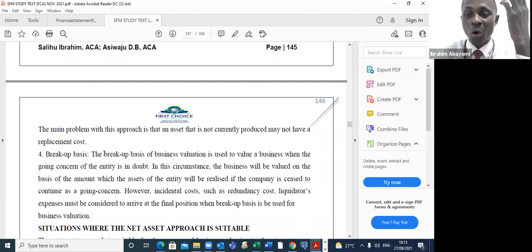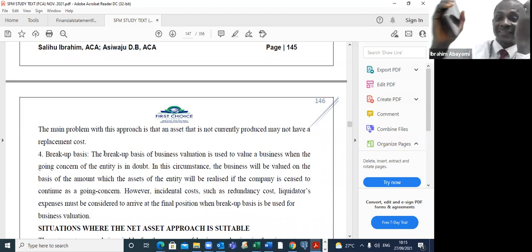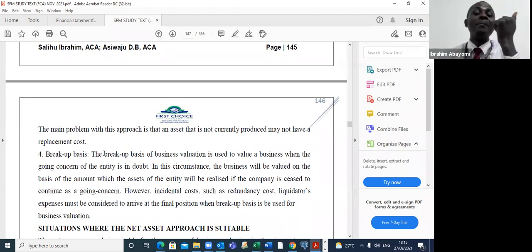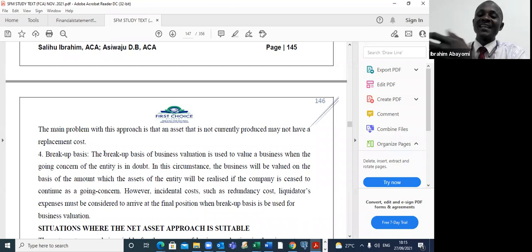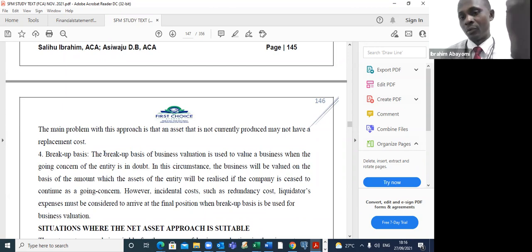I'm selling the phone because I am in dire need of money. If I bring the phone to you, the amount you will price it will be different from the amount you will price it if I want to sell it without any problem, because you already know that I need money. So a phone that is worth 50,000, you can even price it for 20,000 because you know that person has no alternative. That is the case of break-up basis.